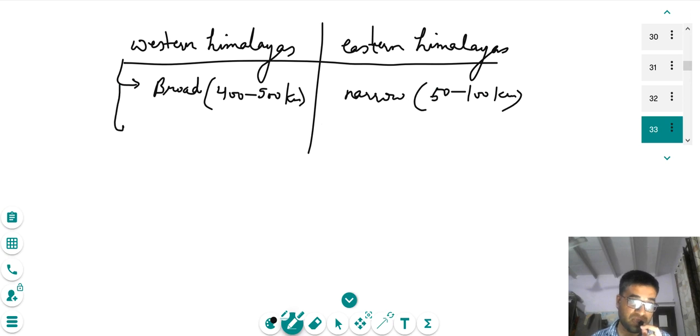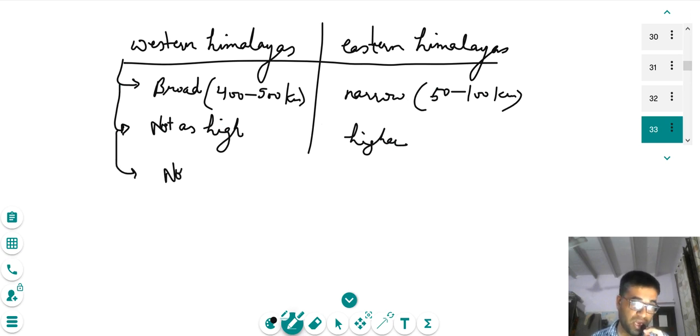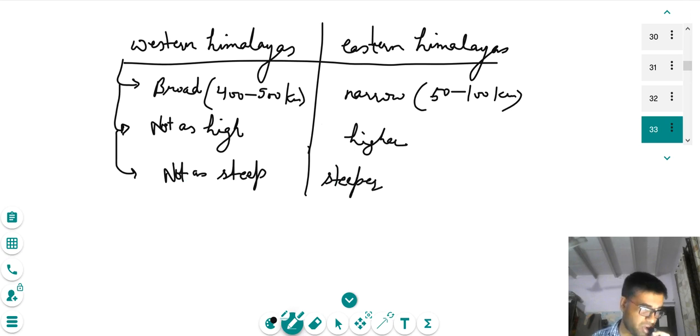Western Himalayas are not as high as the Eastern Himalayas. The Eastern Himalayas are higher than the Western Himalayas. They are not as steep as the Eastern Himalayas. The Eastern Himalayas are steeper than the Western Himalayas, right?